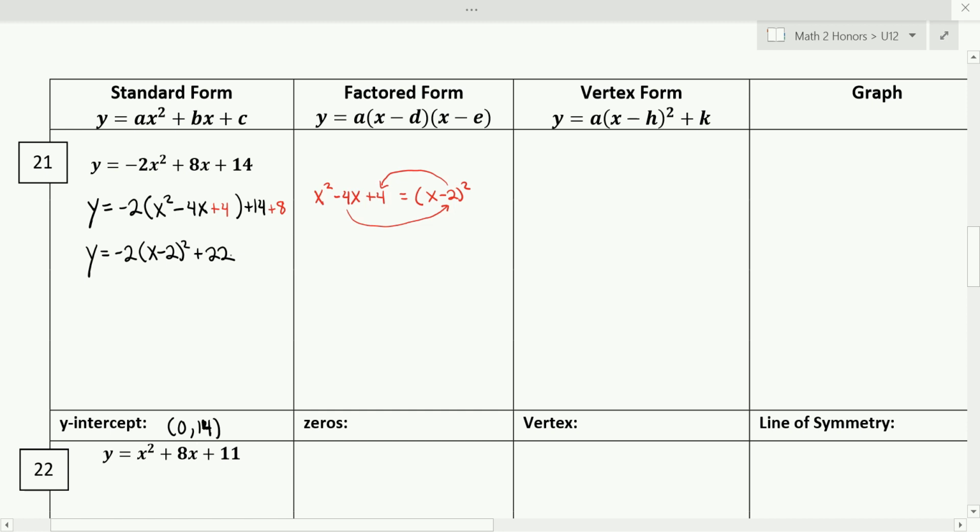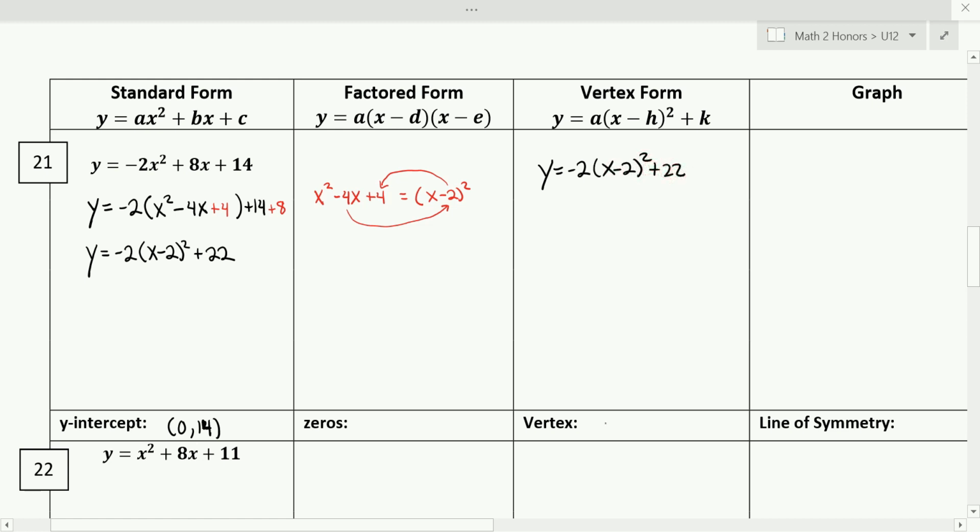Well, you put 4 on the inside though. So that's negative 2 times 4, so you've got to put a positive 2 times 4 out here. Okay, so you've got to use what you're adding inside there. All right, so we have our vertex form, y equals negative 2 times x minus 2 squared plus 22.